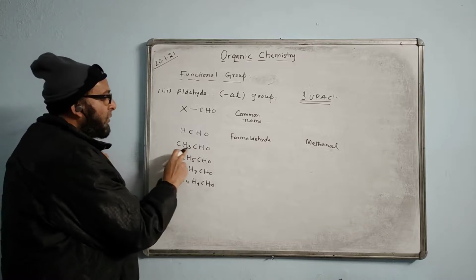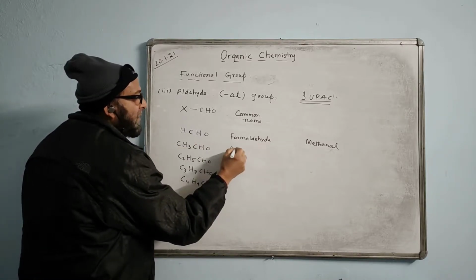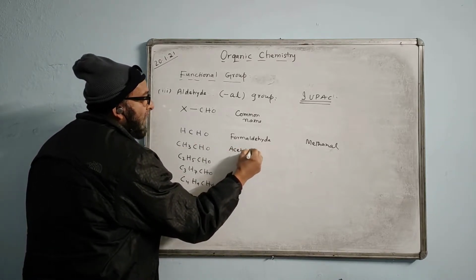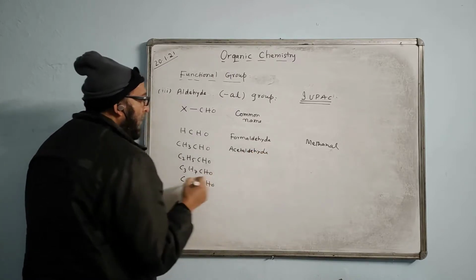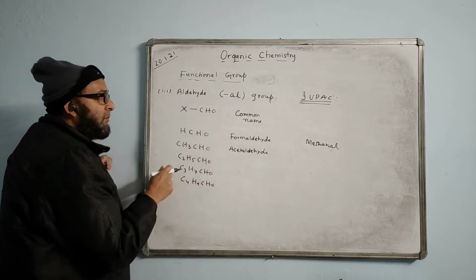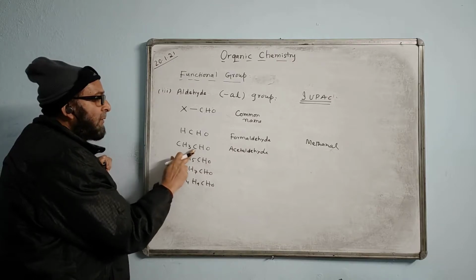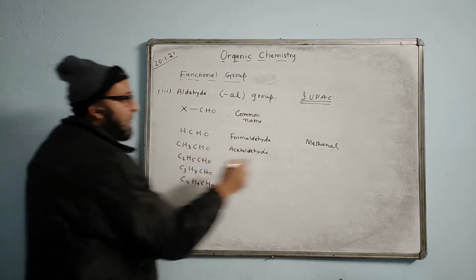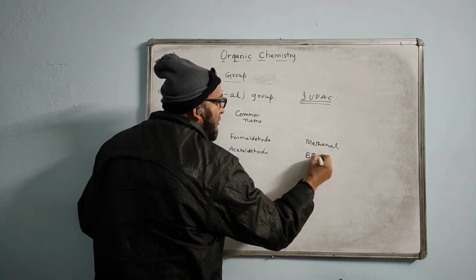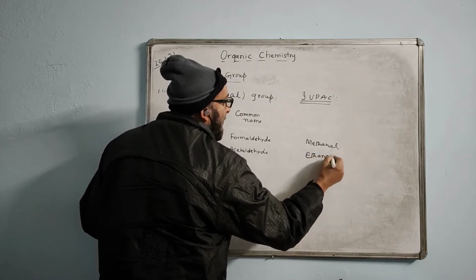Now, when we put CH3, the common name becomes acetaldehyde. And what is the IUPAC name? How many carbons are there overall? 1 here, 2 carbons. We call it ethane actually. Ethanal we call it.